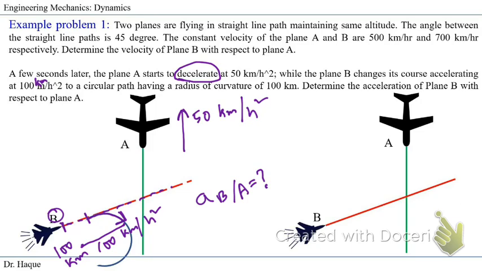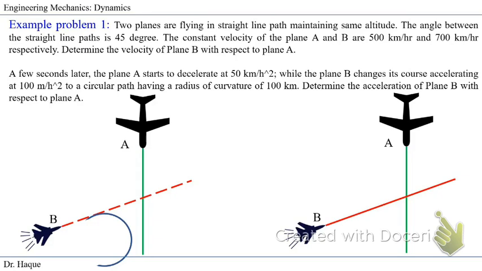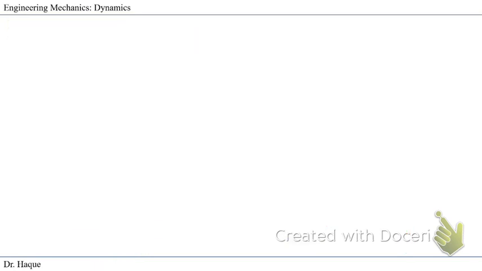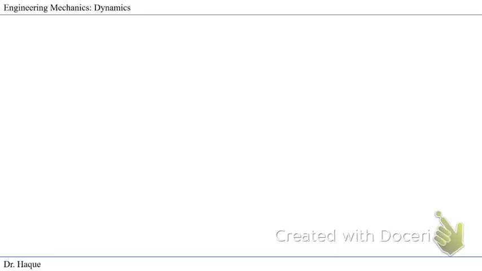Now let's go and start solving the problem. Let's first start with part A, where we're going to find only the velocity.